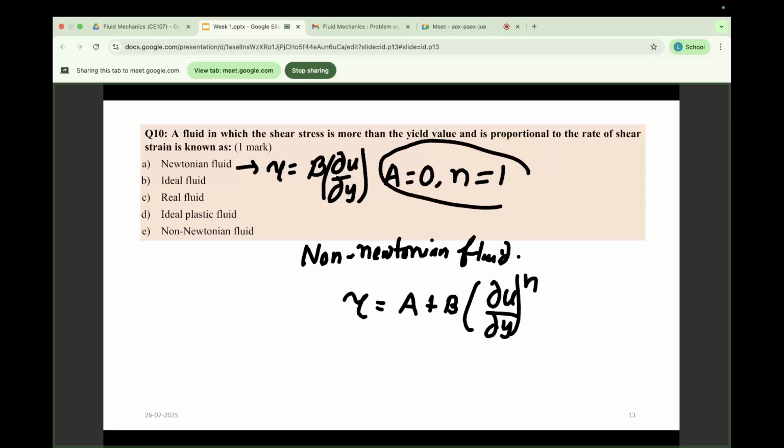So that is for a Newtonian fluid. So option A will not be the answer, right?